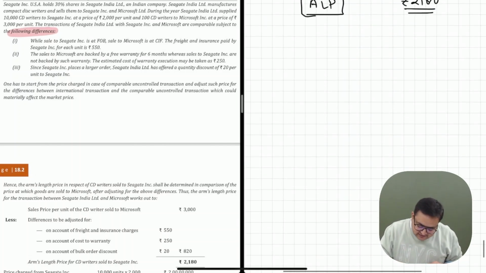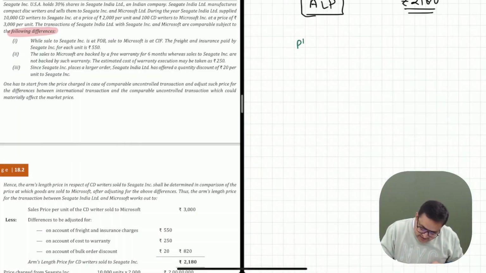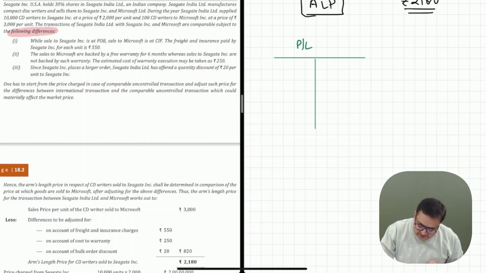Just understand this, guys. Let's say, for example, this is the P&L account of Seagate India. They might be showing that they have made a sale to Seagate Incorporation US. They are saying that they have made it at 2,000 rupees, right?